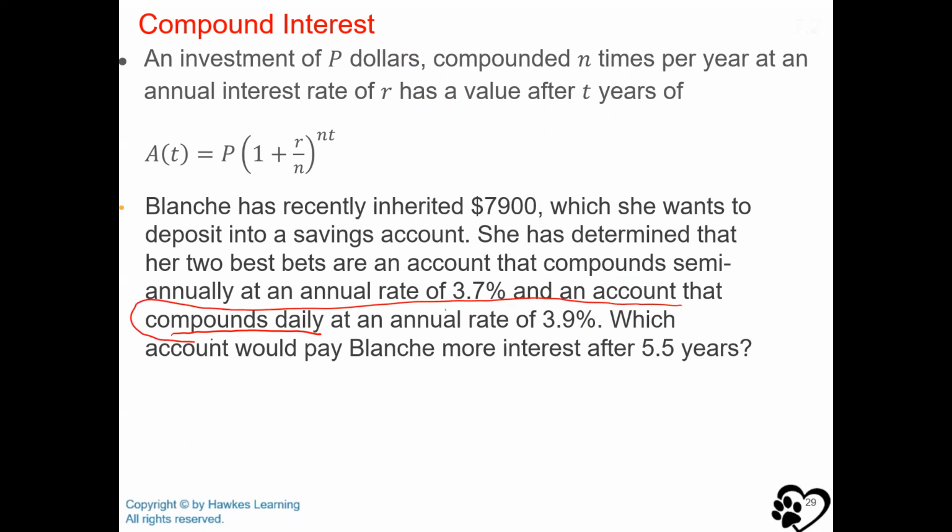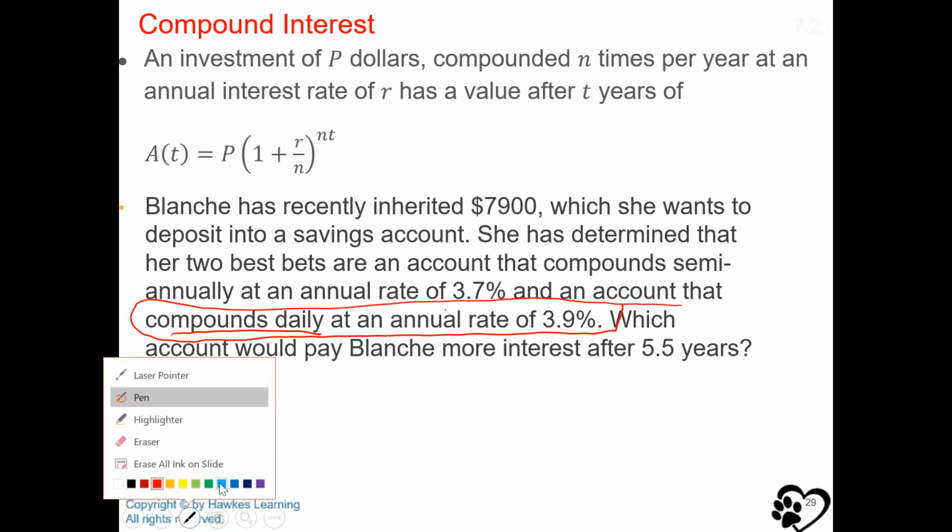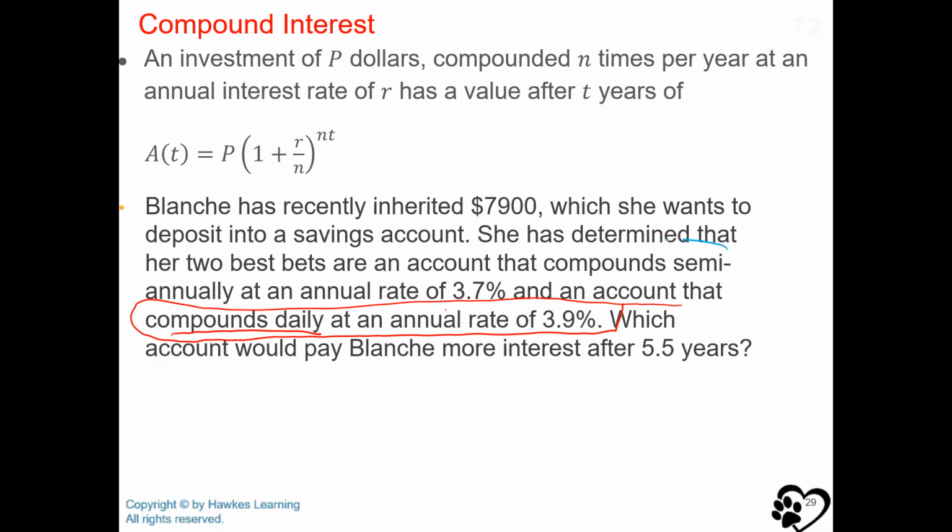Ooh, this is account number 2. And the first one compounds semi-annually. Let me use blue. Semi-annually at a rate of 3.7. So this is what we're comparing.